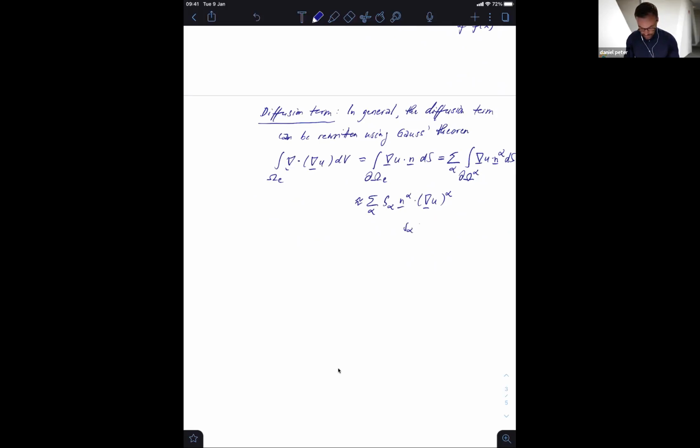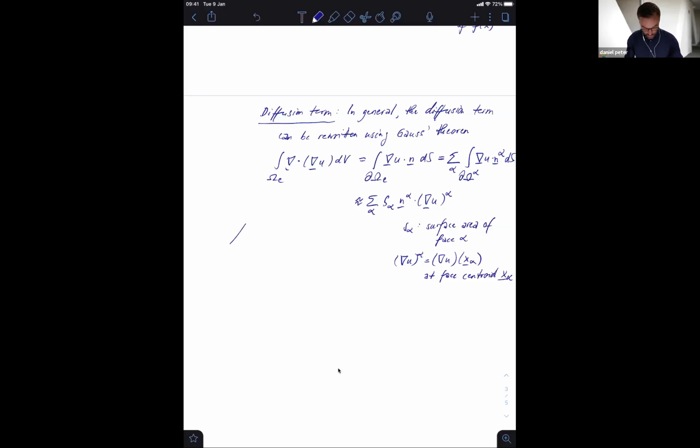So here S alpha, that's the surface area of the face alpha. The grad of u alpha, that would be the gradient at the face centroid, x alpha. And then n would be the normal to that face.